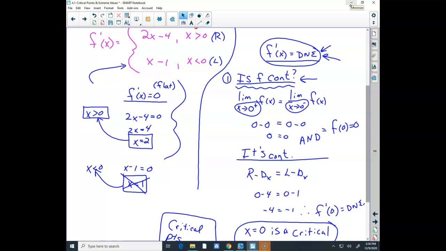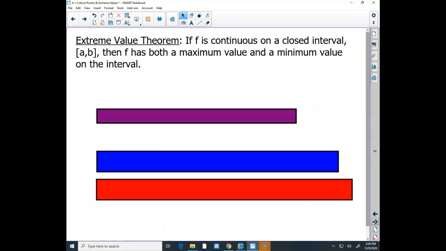And what we're going to do is mosey on to the next page. We're going to take a little gander at what's called the extreme value theorem. The extreme value theorem states if f is continuous on a closed interval, the interval being from a to b, then f has both a maximum value and a minimum value on the interval.